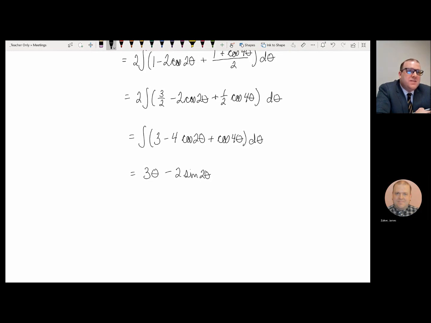You're missing something. Over 4. And then plus a constant. Plus over 4, because it's cosine of 4 theta, right? So u is 4 theta, du would be 4, right? But we don't have a 4 d theta, so we have to multiply by 1/4. Yes. I like it.